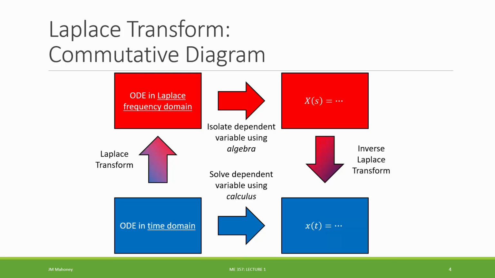And again, this is probably what you did in the first half or so of your ODE class, is you might have found the characteristic equation, or you had some rules that said if your ODE is in this form, this is what the solution looks like. So we used calculus to go from the presented ODE to our solution.